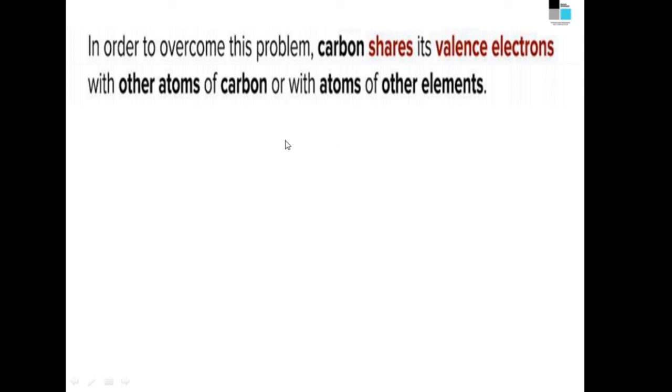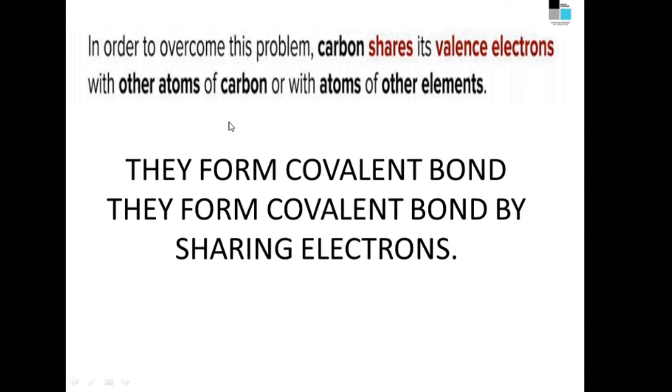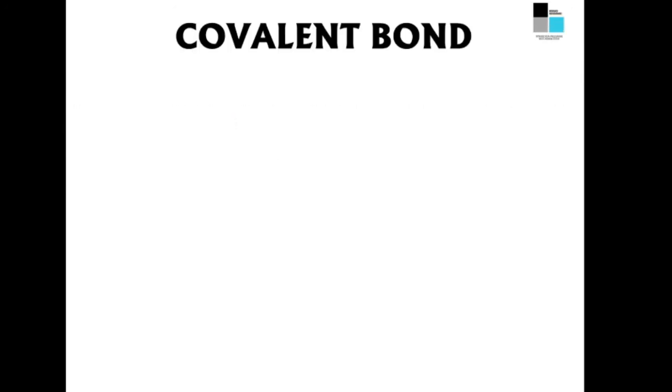Carbon shares electrons with other carbon atoms or with atoms of another element, and they form covalent bonds. We know that a covalent bond is formed by sharing electrons. So carbon makes compounds by forming covalent bonds, by sharing electrons, because it can neither gain nor lose electrons.